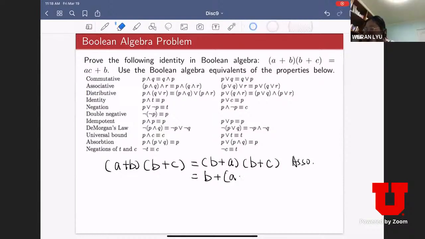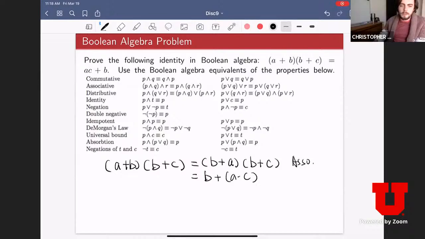Oh, I see what you mean. Isn't that the distributive property?